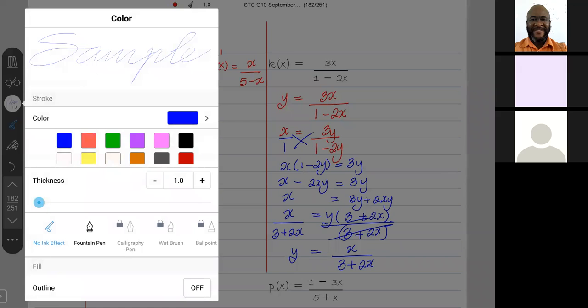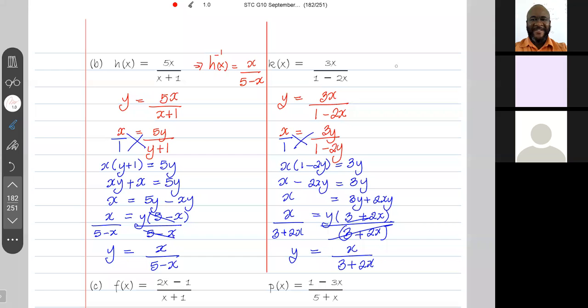And the last step, step 4, is simply to write in function notation. And for that, we just take out y and say k inverse of x is equal to x over 3 plus 2x. It's x over 3 plus 2x. So very good, Chanel. You got it correct.